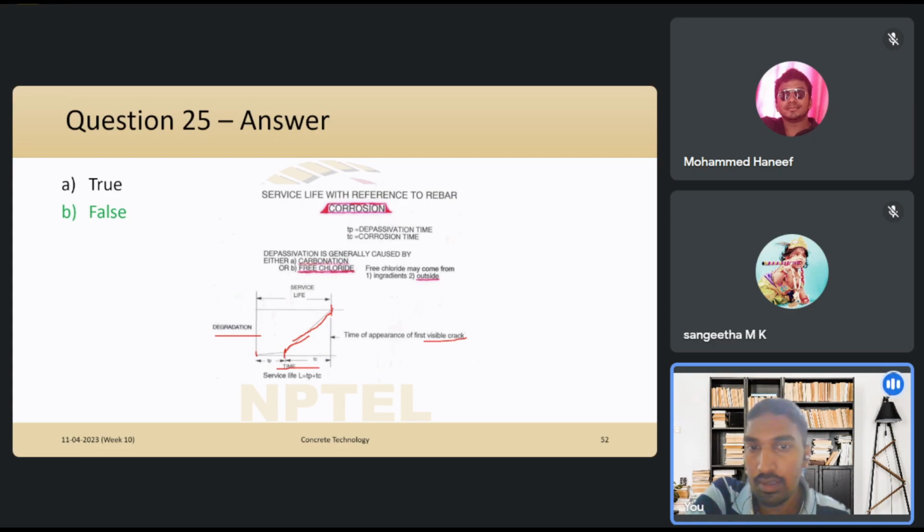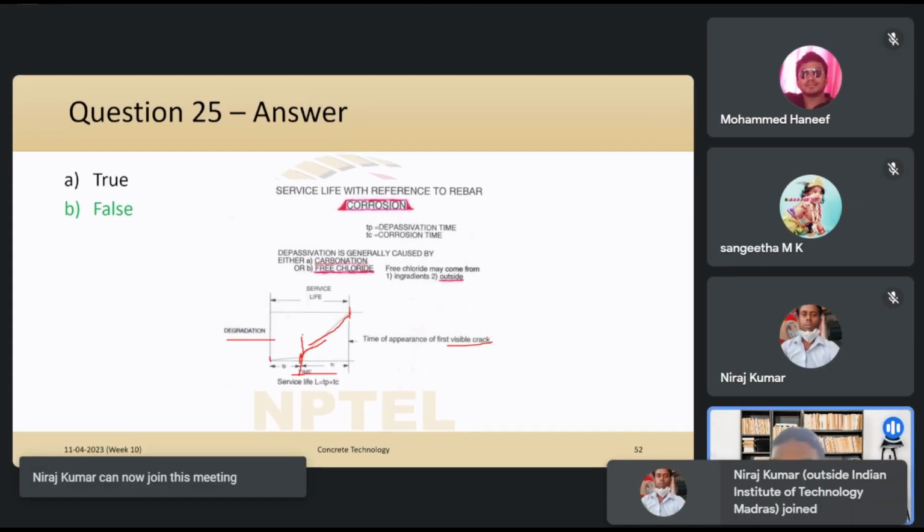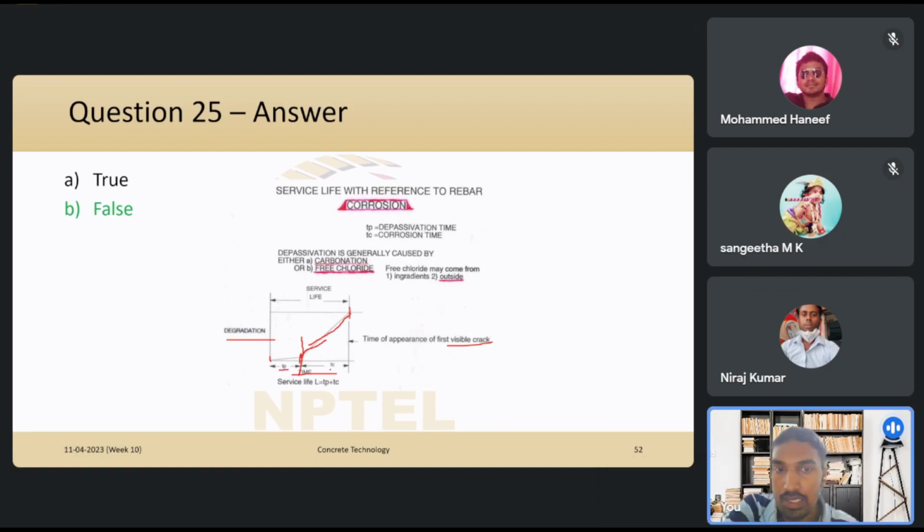So here, what the statement is saying is that this particular time, the depassivation time (TP), is the same as the end of service life, right? But it is false. It is the sum of both the depassivation time and the time it takes to corrode, TC. So TP plus TC is the end of service life. It's not at the end of TP. Okay, therefore this statement is false.